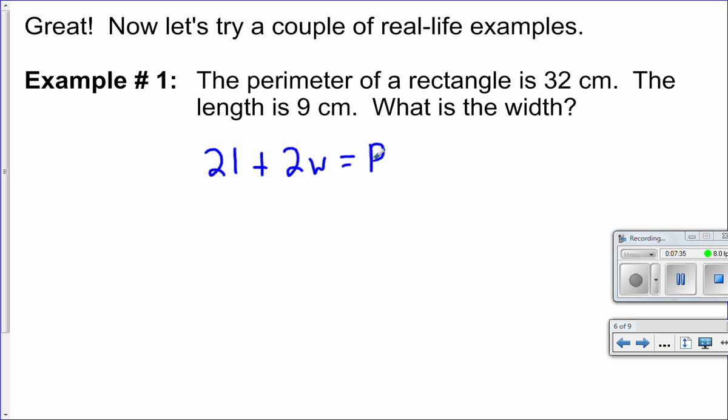Here's my general formula for perimeter. Now I can fill in a couple of numbers which I know. For example, I know that the length is 9. So that means 2 times 9 plus 2w equals, my perimeter is 32.